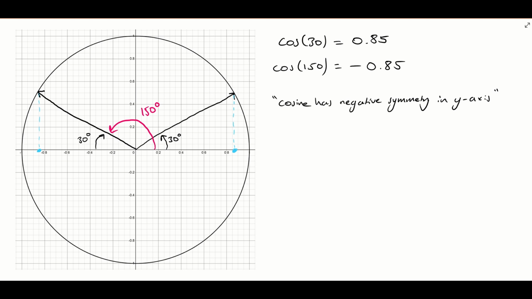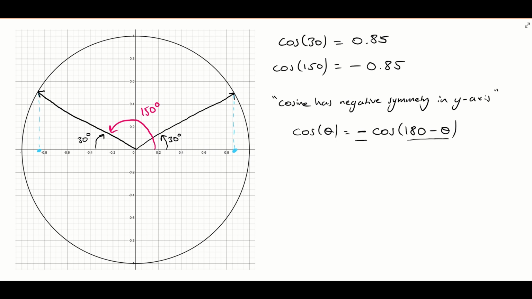And a way that we can mathematically write this, which again you might see written in some books, is that we say that the cosine of my angle, say my 30, well, that's the negative version of my y-axis reflection. And another way to write that y-axis reflection is the cosine of 180 minus theta. That means reflecting in the y-axis. And this negative bit here is just talking about that idea of negative symmetry.